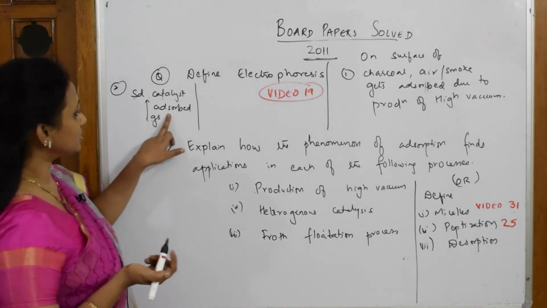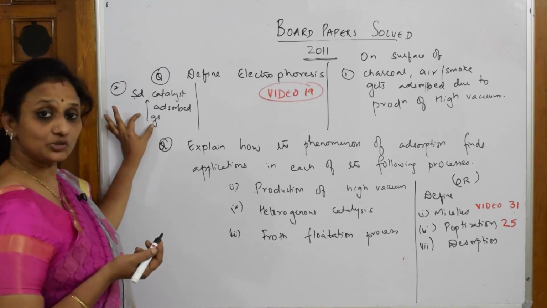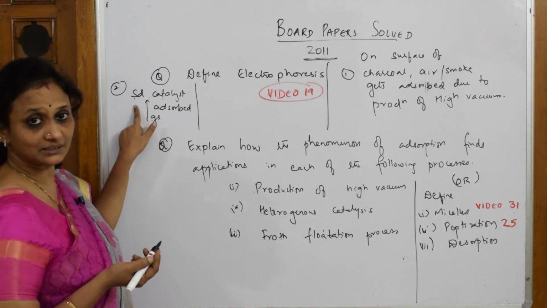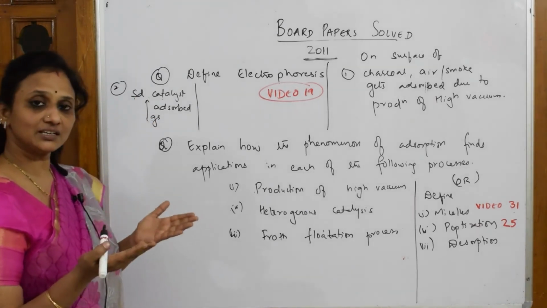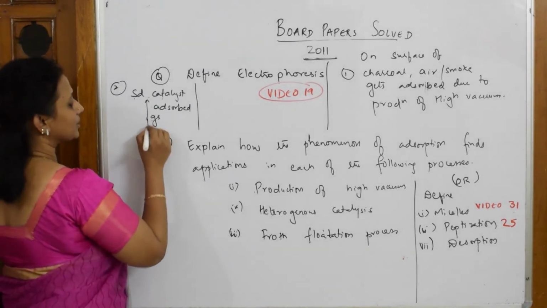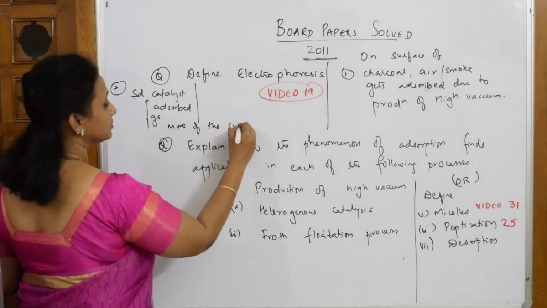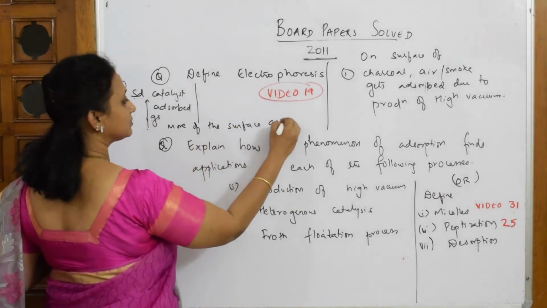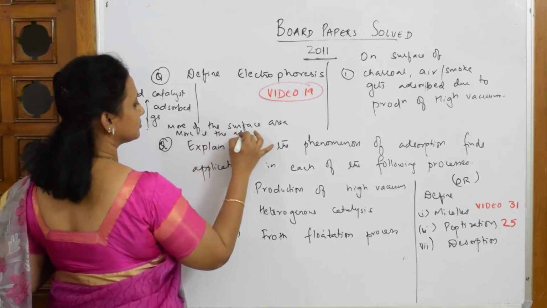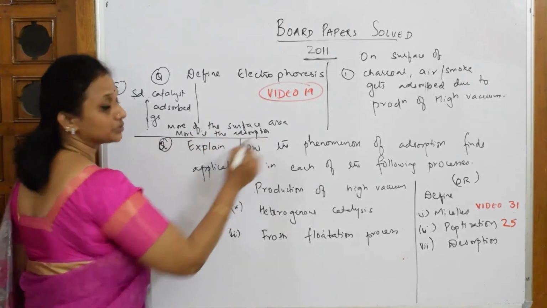You can write using the concept of adsorption: in heterogeneous catalysis, gas gets adsorbed on the solid catalyst, and as the surface area increases, more is the adsorption. That is what you are going to write. Both relate heterogeneous catalyst as well as the adsorption concept.